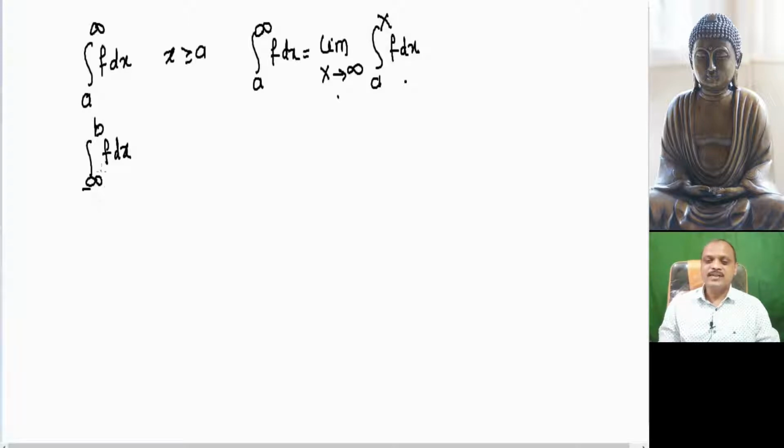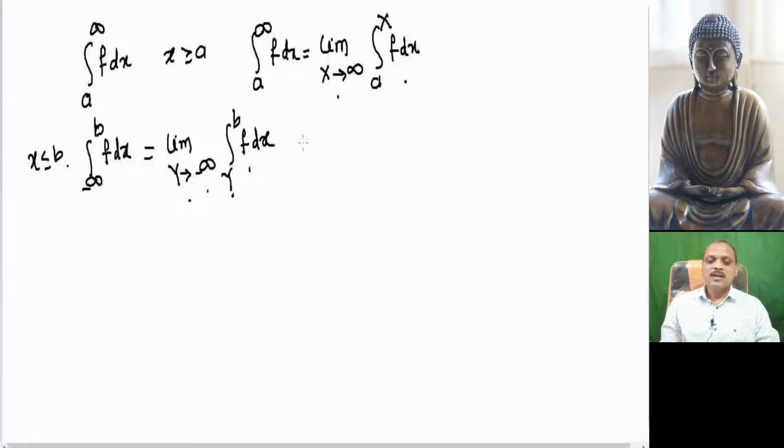Then we define this as the limit as y tends to minus infinity of the integral from y to b of f dx, where x is less than or equal to b. Whenever this limit exists, the integration is said to be convergent, otherwise it is said to be divergent.